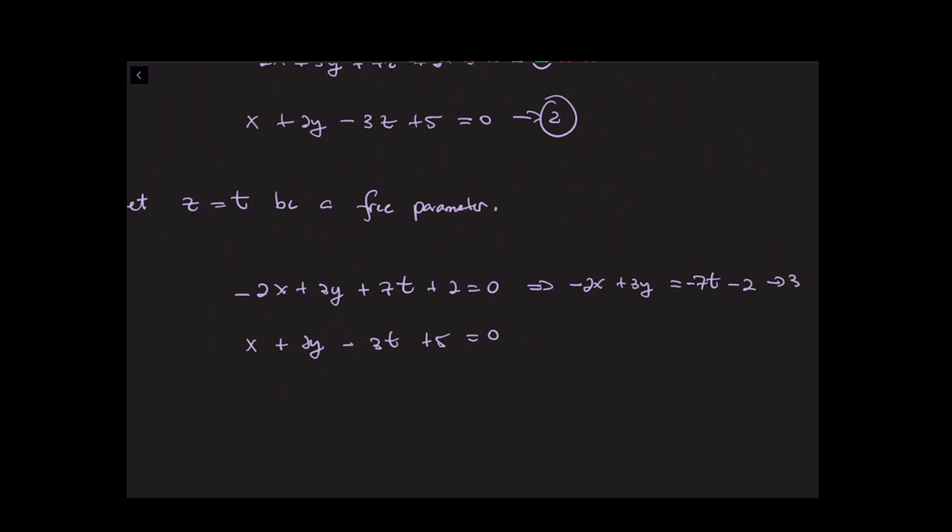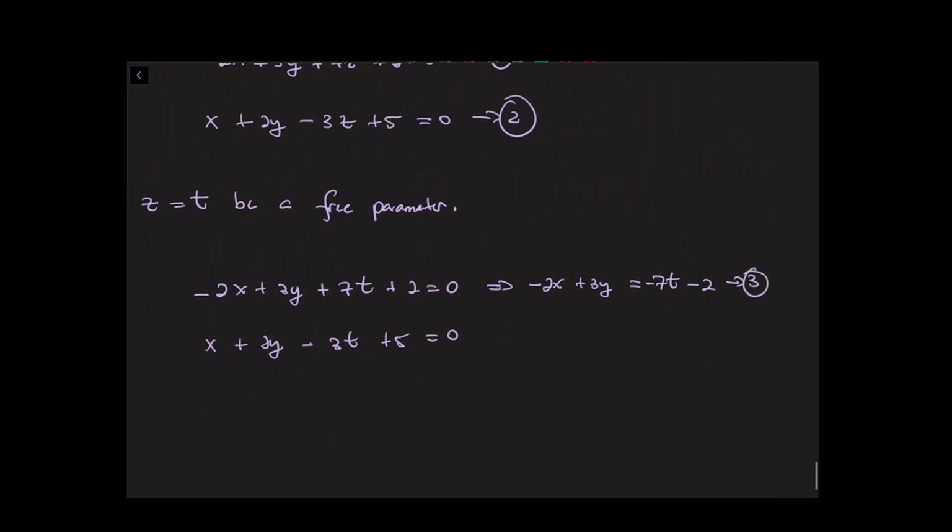Let's call this equation 3. And then let's do the same thing for the next equation: x plus 2y is equal to 3t minus 5. Let's call this equation 4.